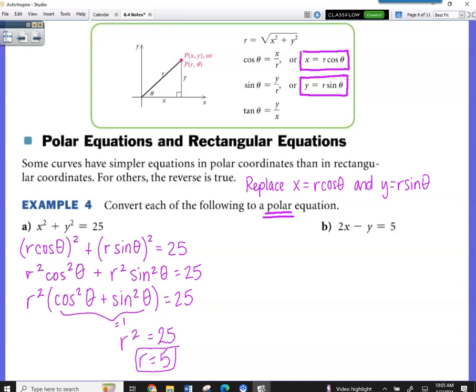So I would like you to draw an arrow and write, this is the polar equation, because when you look at it, you think you've just found the length of r, but what you really found was the polar equation.